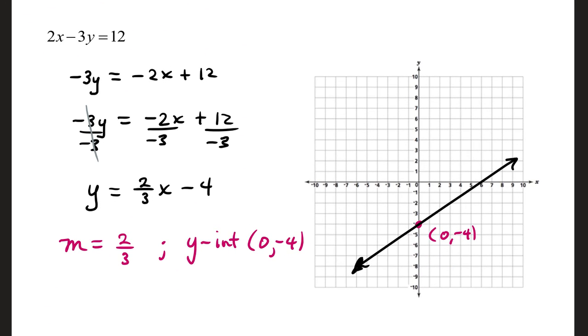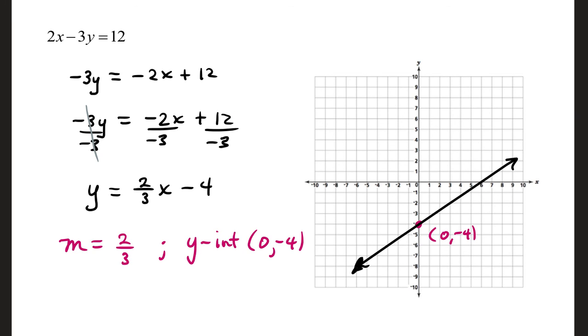And then our last example, 2x minus 3y equals 12. Moving the x term across, changing its sign, positive 2x becomes negative 2x. Don't forget the negative with that 3y. Divide all the way through by negative 3. Negative 3 divided by negative 3, that's a positive 1y. 2 negatives in the same fraction give it a positive value overall.